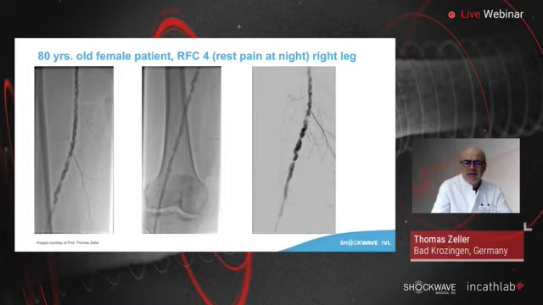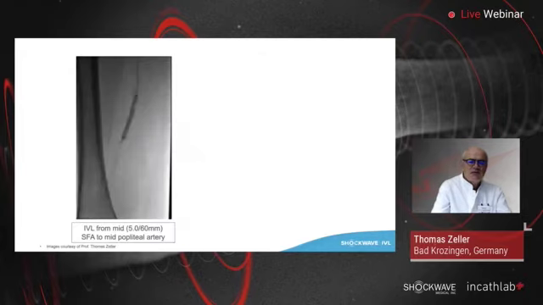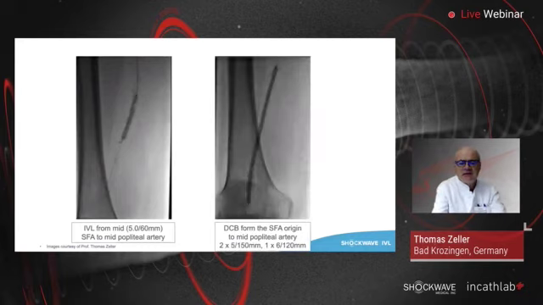So if you can have the next slide, we can see this is only one still image of the IVL treatment I did perform. So I treated the entire length of the SFA, starting at the adductor channel down to the patella level, with intravascular lithotripsy using a 5 millimeter balloon, which was probably a little bit conservative regarding sizing.